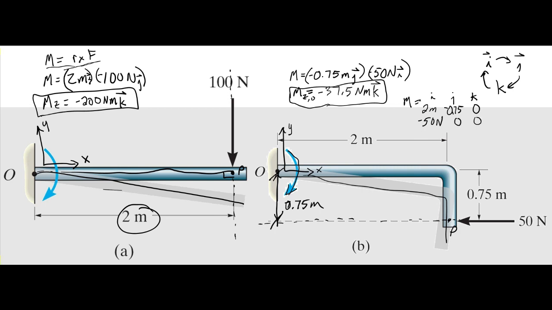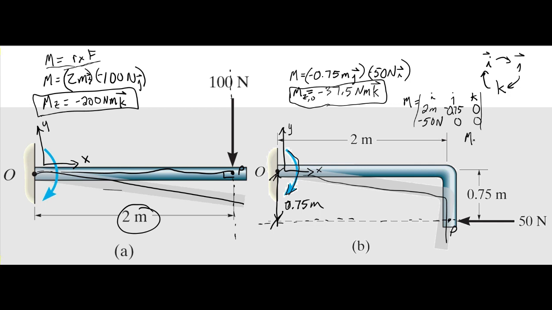So as you take the cross product here, and you look at I, you would cross out these two, and you say, well, this is 0 and that's 0, so there's no moment in the I direction. You take the J component, you cross out this one and this one, this would be 0, so there's no component in the J direction. And you have the Z, here's the K, cross out the first row, the last column, this is 0, and then you have negative.